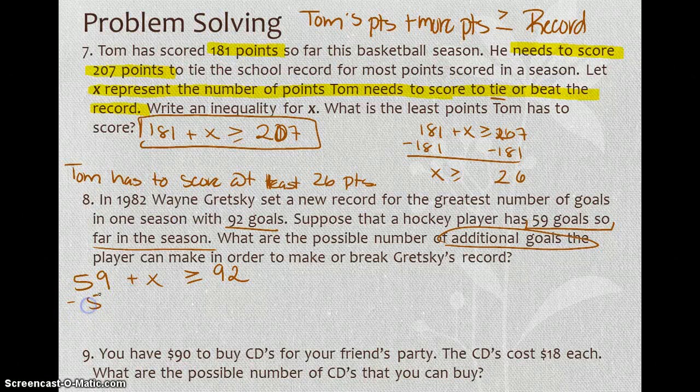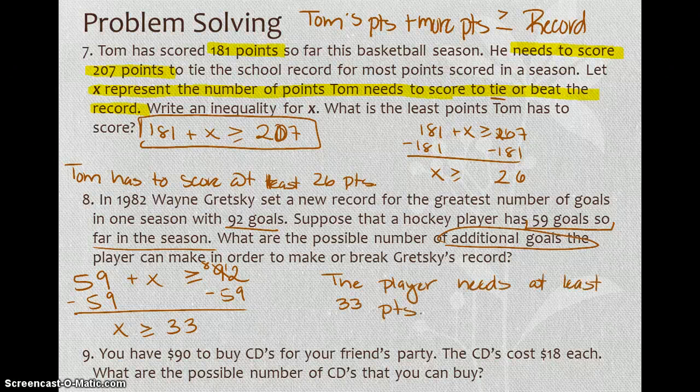Well, if you subtract 59 from both sides, x is greater than or equal to, watch my math, 33. So this time the player needs at least 33 goals. So check your sentence, make sure you wrote yours as well.